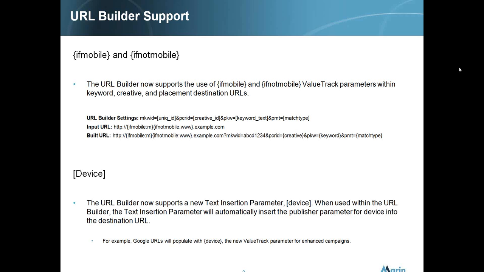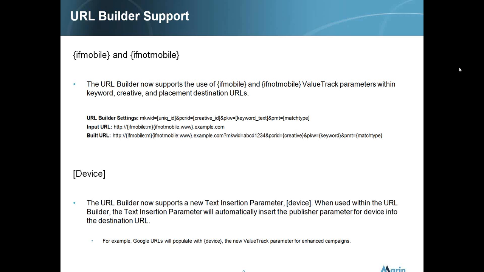If you were on Marin Tracker, this is what would be in your required parameters section. The input URL is what you would put into your bulk sheet. So instead of just having www.example.com, your destination URL would have the if mobile m, if not mobile www already in it upon upload, and that allows the use of the value track parameters to flip your users to a mobile site versus a desktop site.